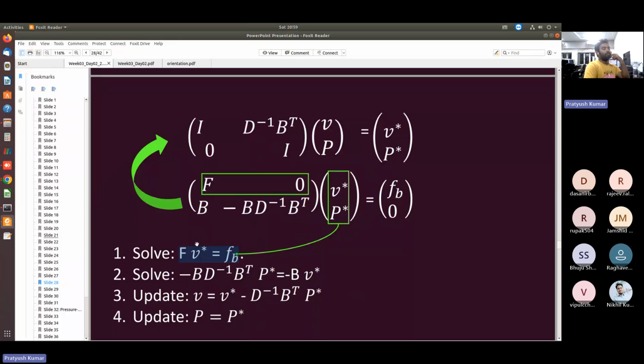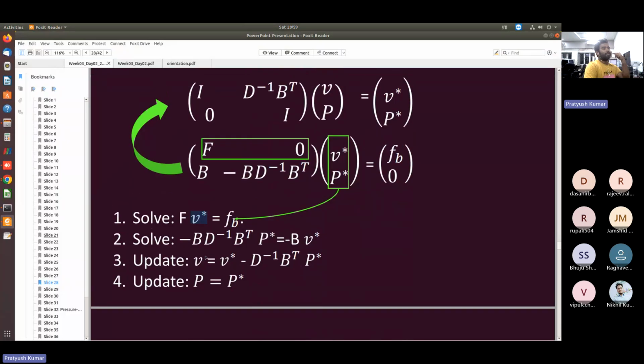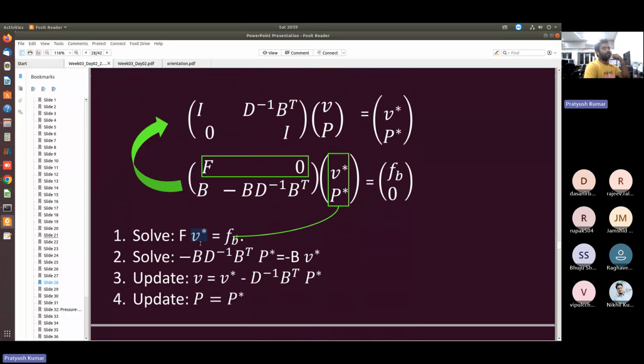From here we get the predicted velocity, V star. Now using this V star value, we calculate P star. For the second term, since this side equals 0, you can write this term equal to minus B into V star. Here we calculate the P star value.